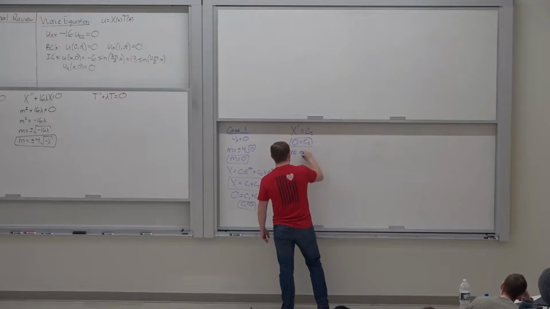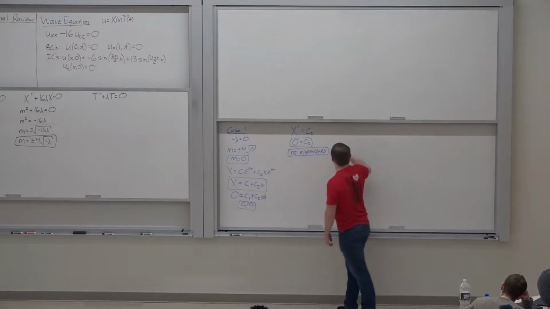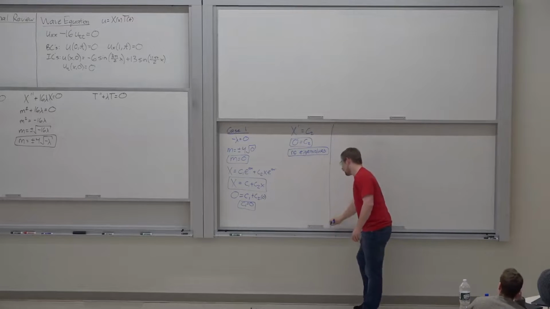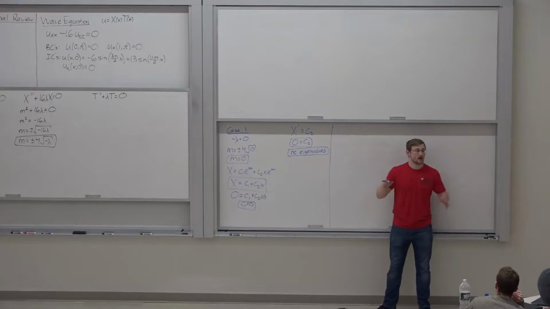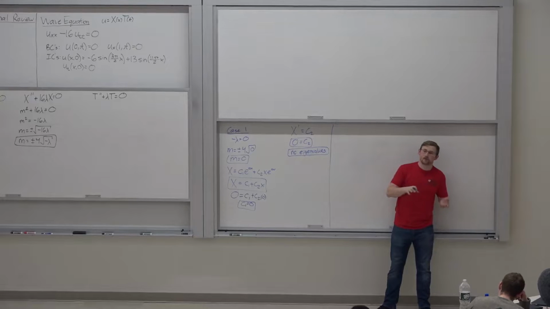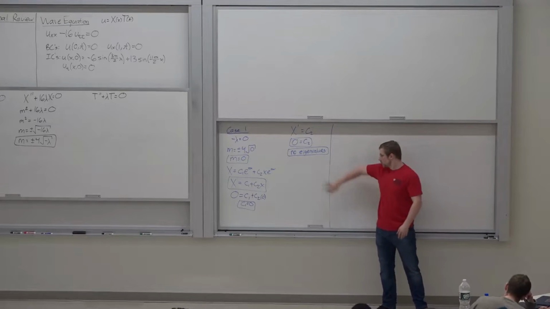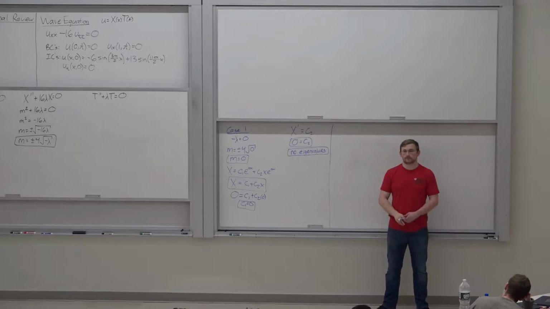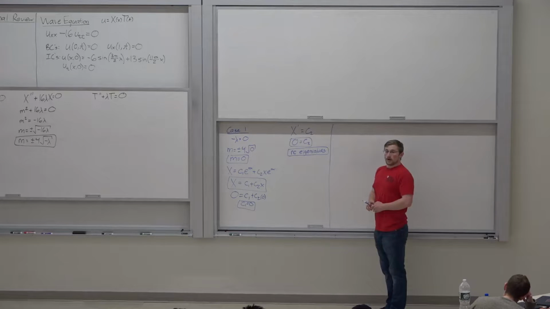So I have no eigenvalues. So in this question, we don't even have that constant that we may or may not have to worry about later. We just get no eigenvalues straight up. What's next? Case 2.